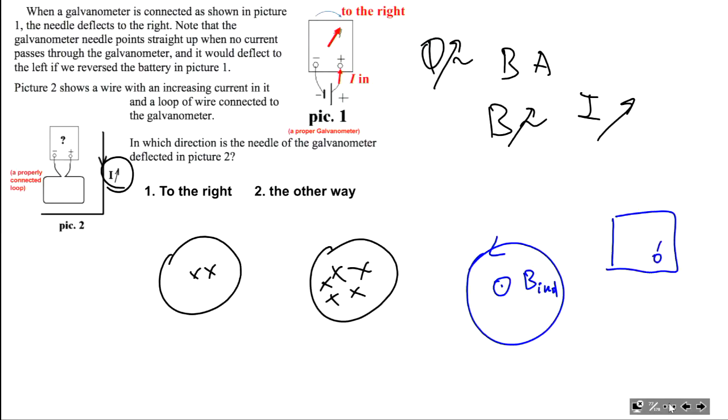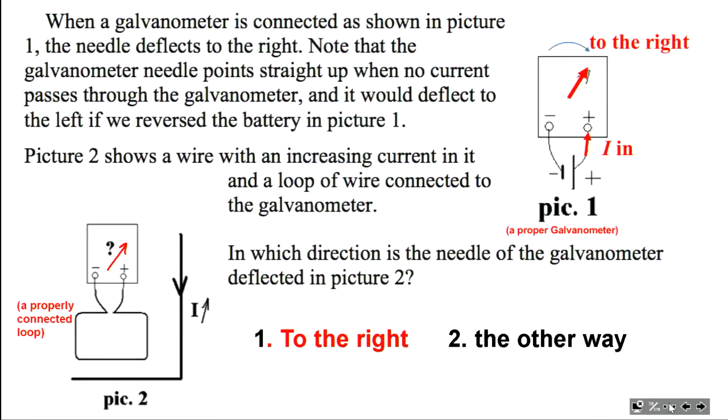It's plus, this is minus. So this is my loop, and electric current travels like this. It goes into the positive electrode. That means the galvanometer should be deflected to the right. That's how it works. Questions?